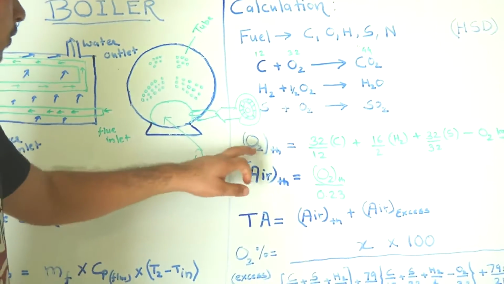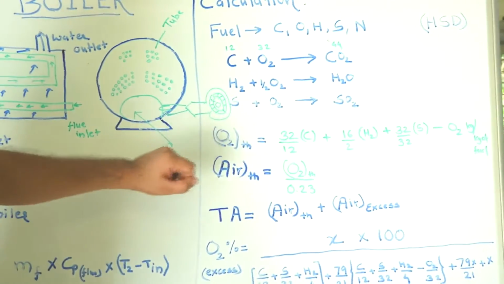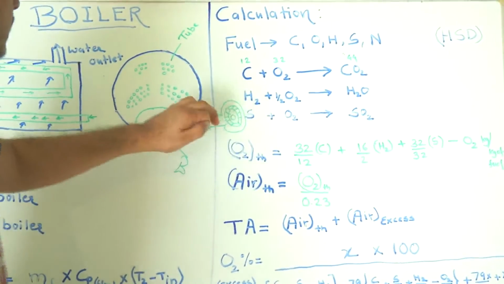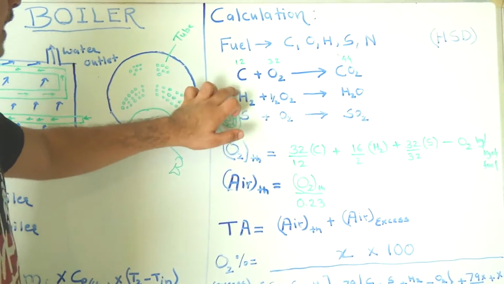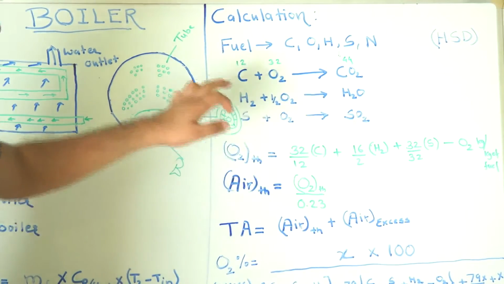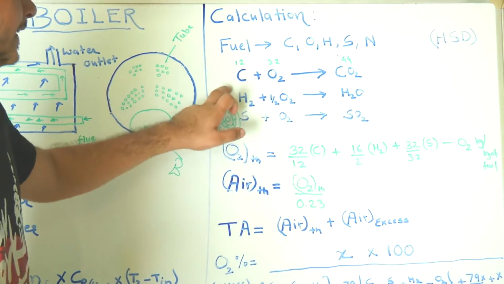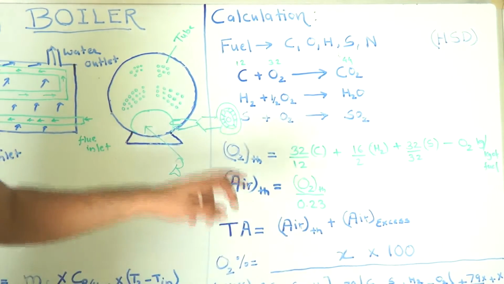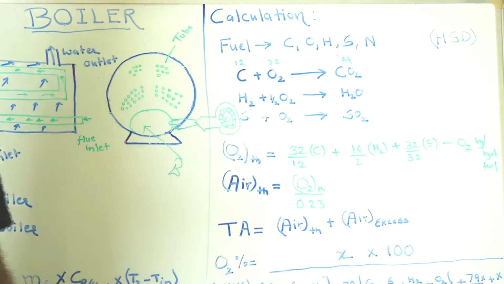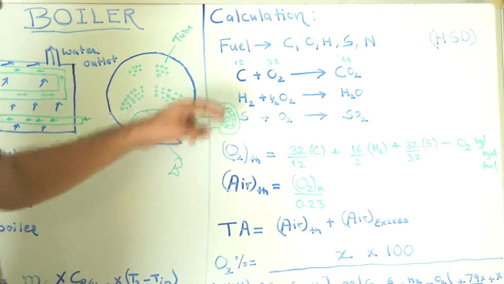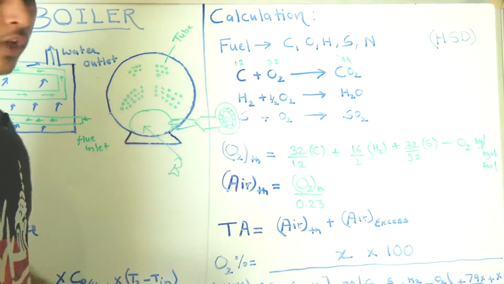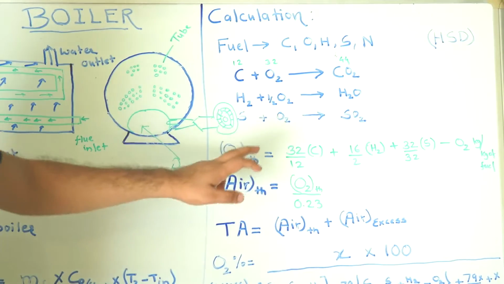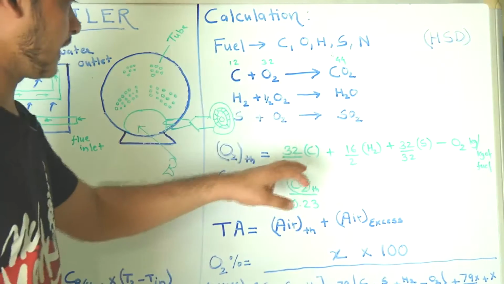That is O2 theoretical equals 32 by 12. This is the formula, and how this came: if 1 mole of carbon requires 1 mole of oxygen, we can say that 12 kg of carbon requires 32 kg of oxygen. So how much oxygen is required for carbon? That is nothing but 32 by 12 into C. That's it.